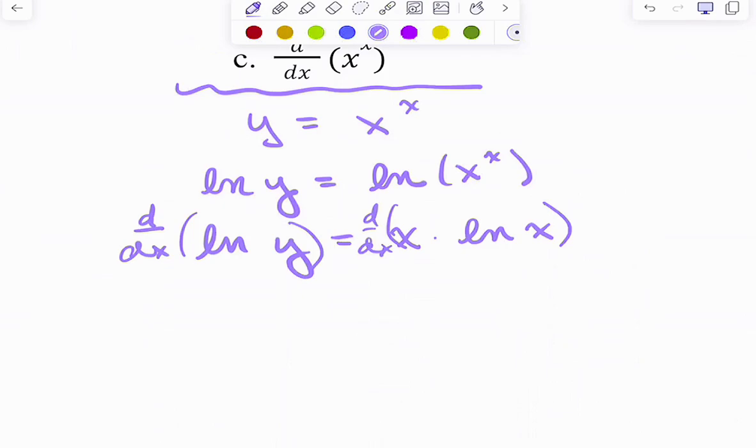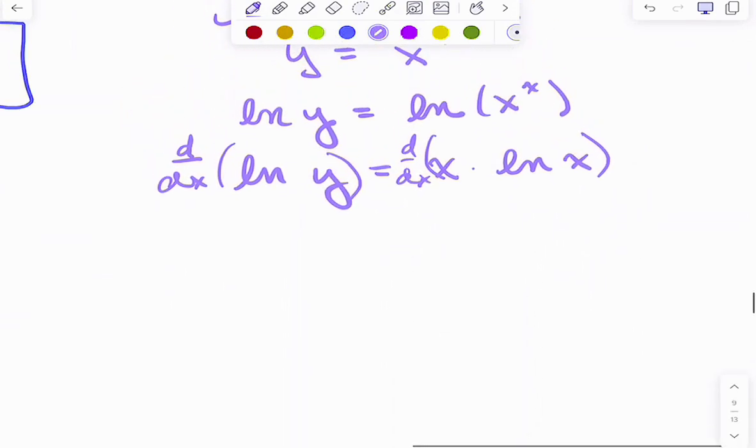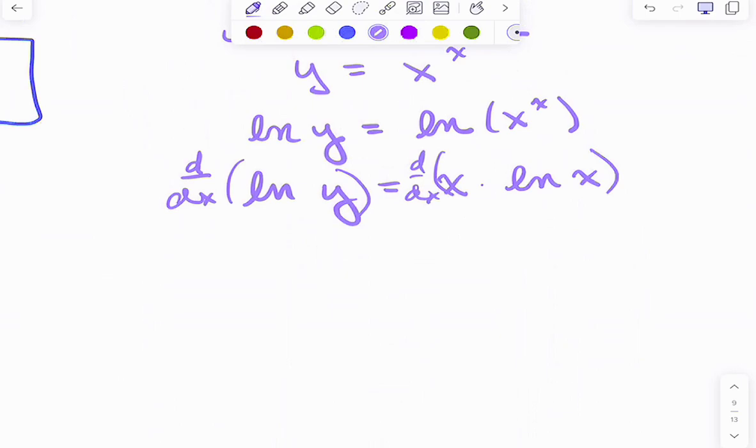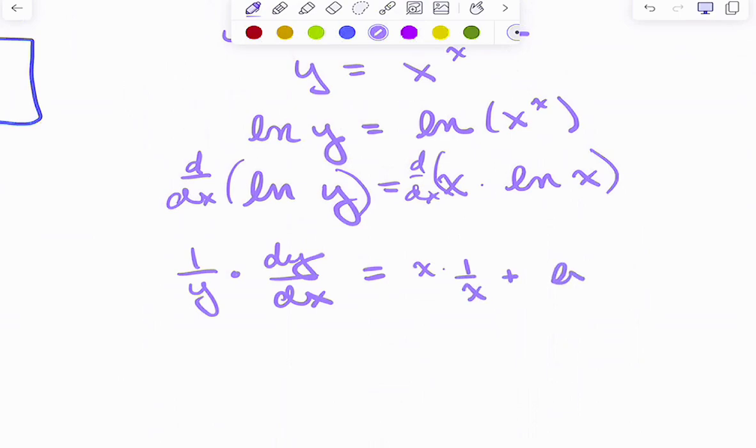Okay, so the derivative for natural log of y, we're going to have to chain rule it. So we get 1 over y times the derivative of y, dy dx. That you could think of, it's kind of like units. And then the derivative, now this is a product rule. So we're going to do the first times the derivative of the second plus the second times the derivative of the first.